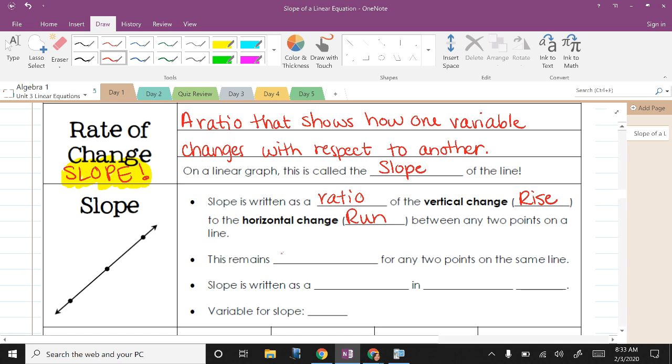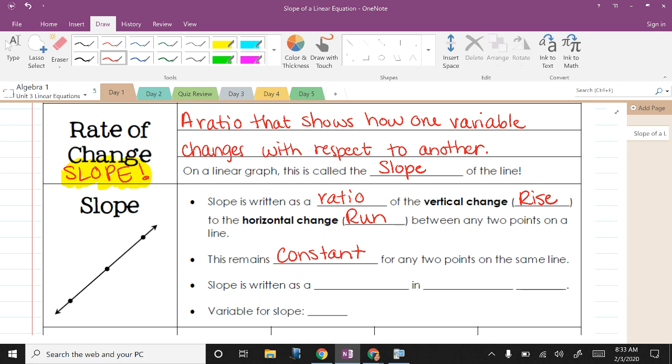This remains constant for any 2 points on the same line. So that's another clue word. If you're doing a word problem, which we'll get to at the end of this unit, and it says something that's moving at a constant rate, that means slope.